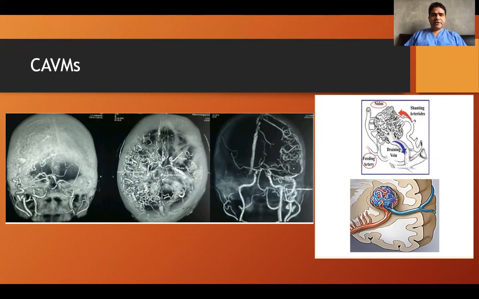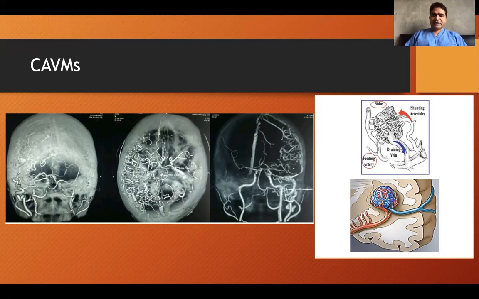There is no intervening capillary bed, and the feeding arteries drain directly into the draining veins by one or multiple fistulas. These arteries lack the normal muscularis layer, and so draining veins often appear very dilated and tortuous due to the shunted high velocity arterial blood flow.